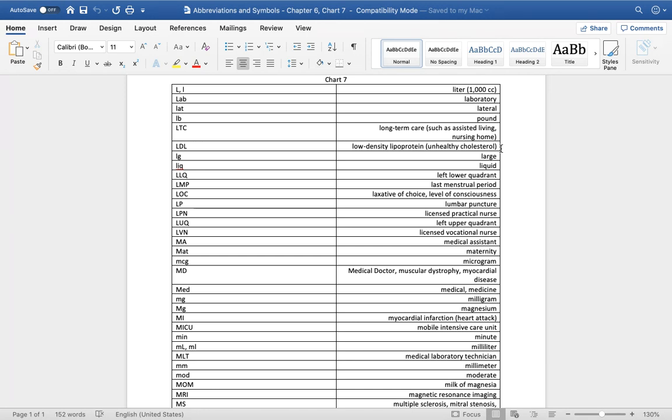LDL, this is low density lipoproteins. It's the unhealthy cholesterol, but too much of any type of cholesterol is a bad thing. But generally low density lipoprotein has worse effects with elevation than HDL would. LG, this is large, right?